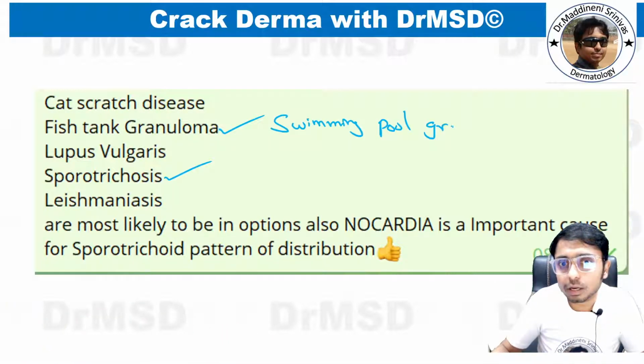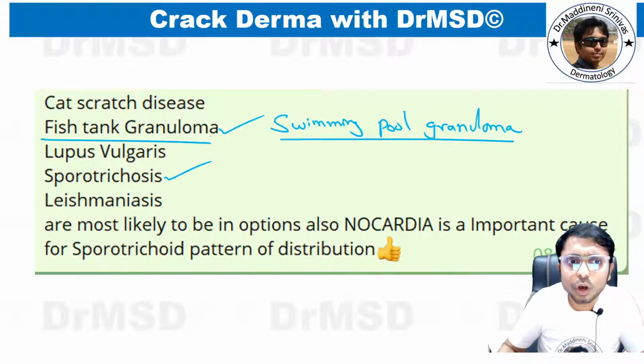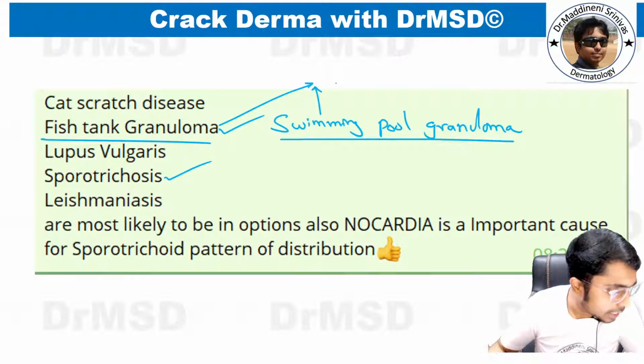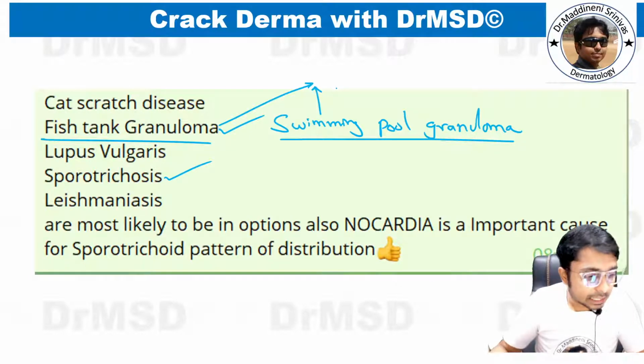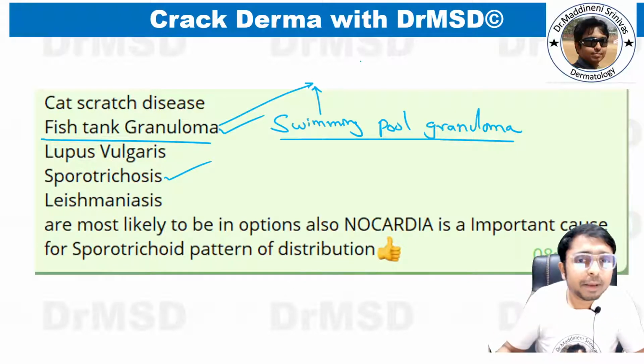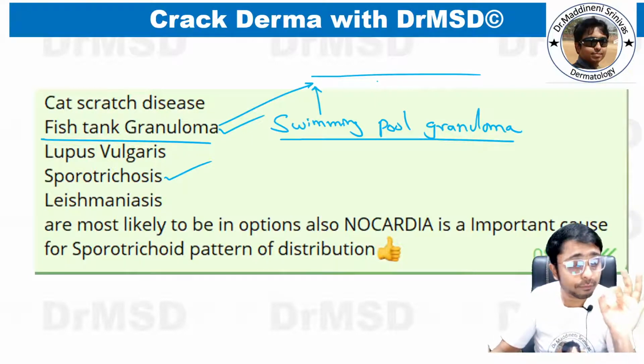So just tell me what is the organism which is responsible for this condition, fish tank granuloma or swimming pool granuloma? Yes, very good. I hope everyone will answer this. Yes, Dr. Tubarias, definitely we are going to see a few more questions. But tell me the answer for my question, fish tank granuloma or swimming pool granuloma is caused by which organism?